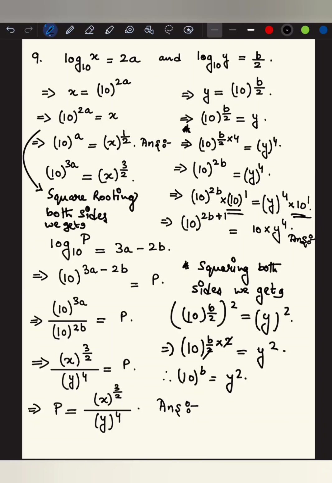Similarly, 10 to the power 2b we got as y to the power 4, so I have simply substituted the value of 10 to the power 2b as y to the power 4. So x to the power 3 by 2 whole divided by y to the power 4 is equal to p. In other words, we can rearrange it and write p equals x to the power 3 by 2 by y to the power 4. So this will be our answer. Understood?